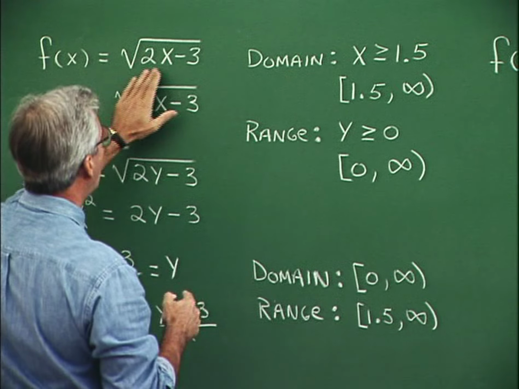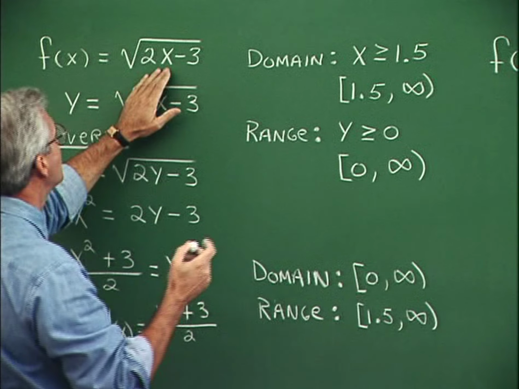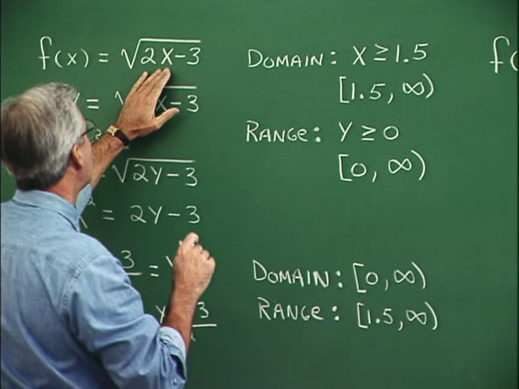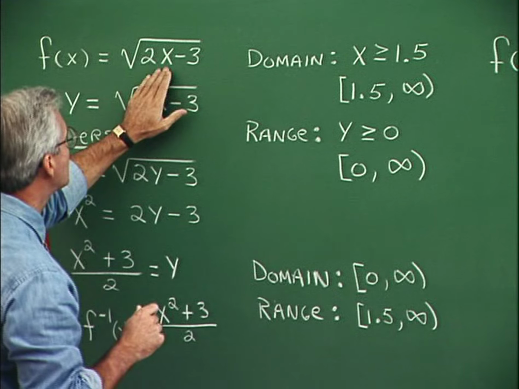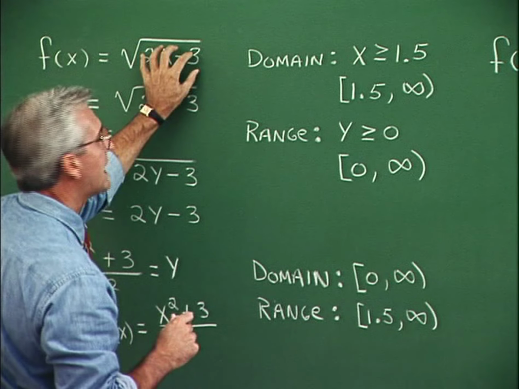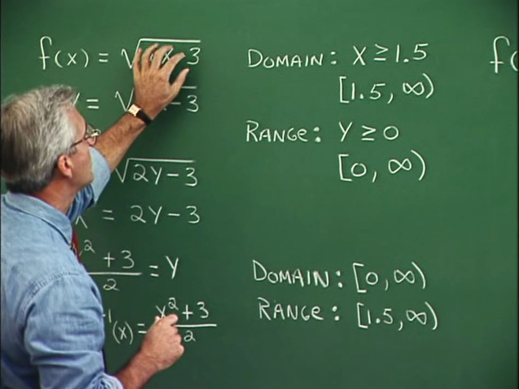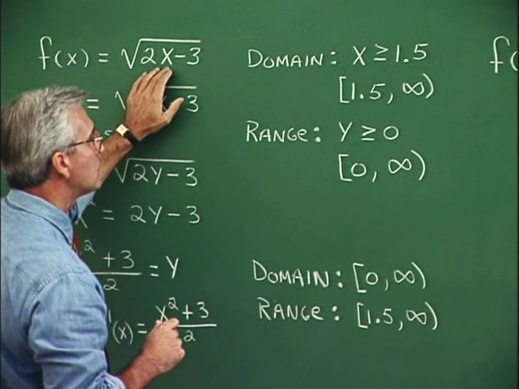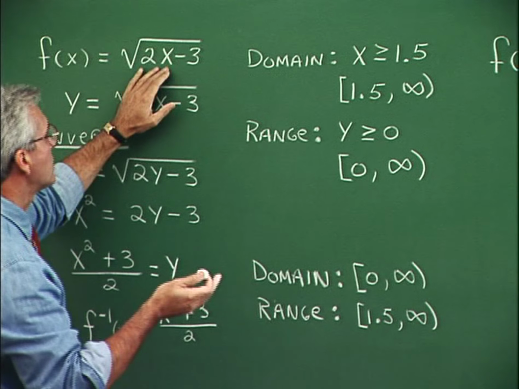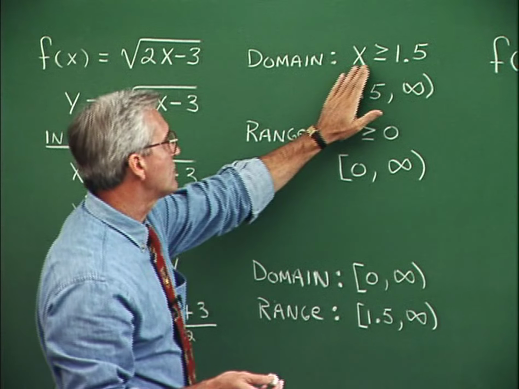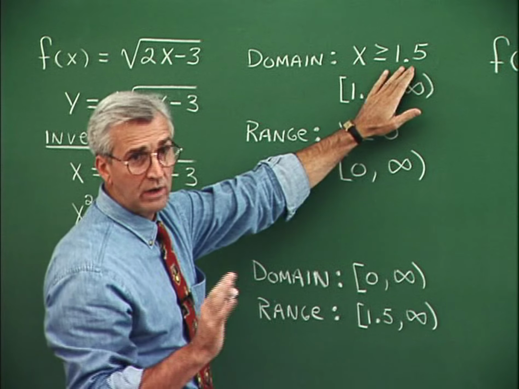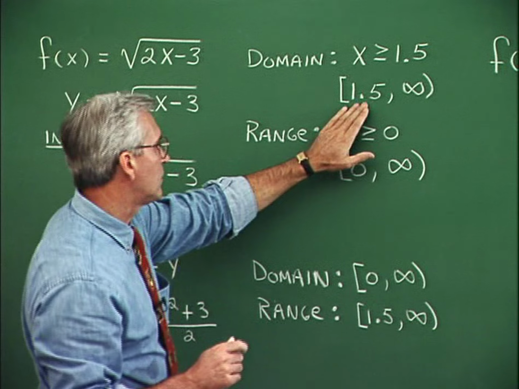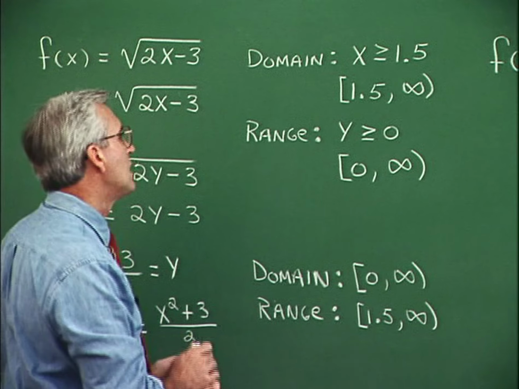Let's see, we're taking square root, and if we're talking about real numbers, the real number system here that makes sense for us, then we want values of x that will cause the radicand to be positive or 0. So x has to take on values that are 1.5 or larger. So the domain then would be x is greater than or equal to 1.5, or in interval notation, it's the interval from 1.5 to infinity.